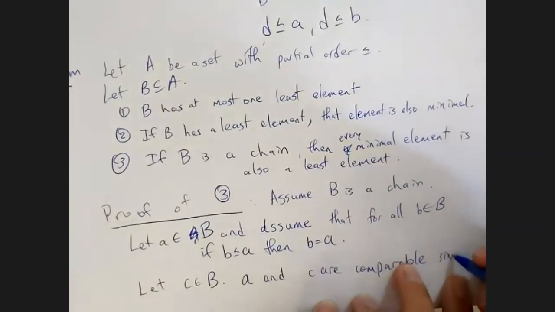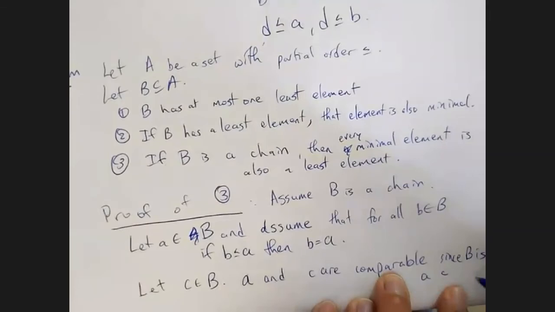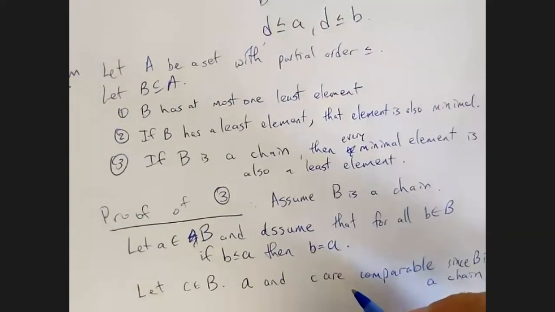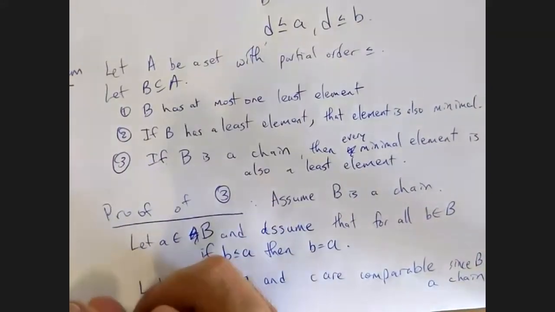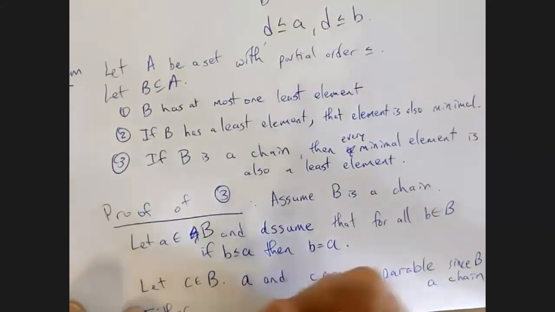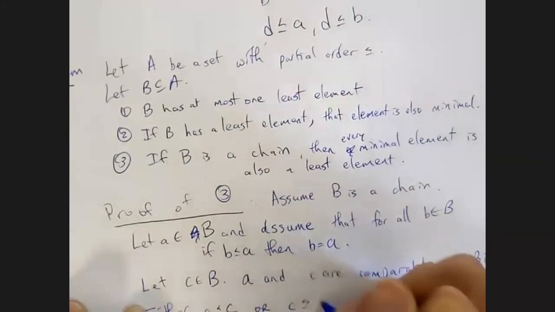Since B is a chain, comparable means that either A is less than or equal to C or C is less than or equal to A.